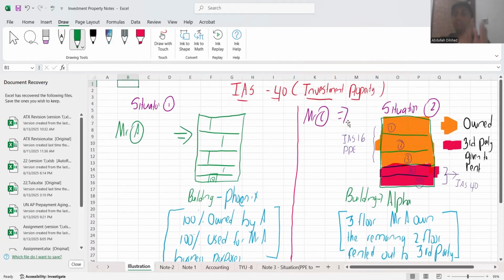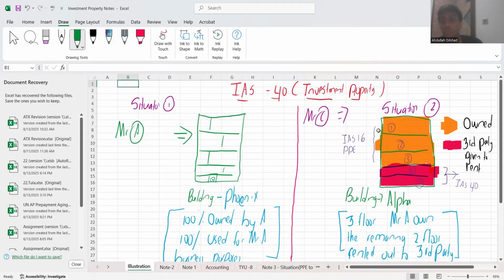Now, moving on to situation number two. This building's name is Alpha, and it is owned by Mr. C, a smart businessman. Look what he has done. I have marked numbers one to five to categorize the floors, so there are five floors in total.